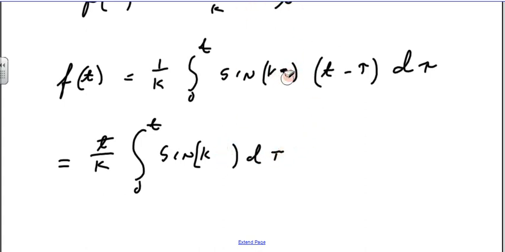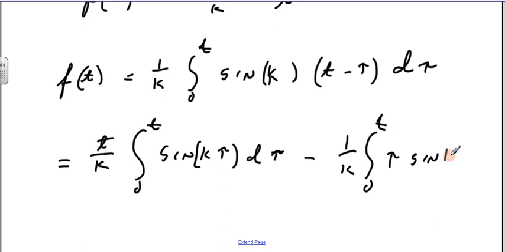Oh, what a mess. Then minus 1 over k, integral 0 to t, tau sine k tau d tau. Okay. So I look in the back of the book for that particular integral and it doesn't give it to me.